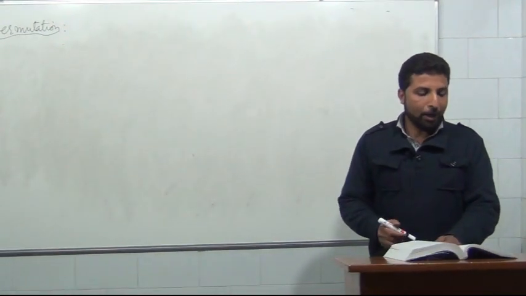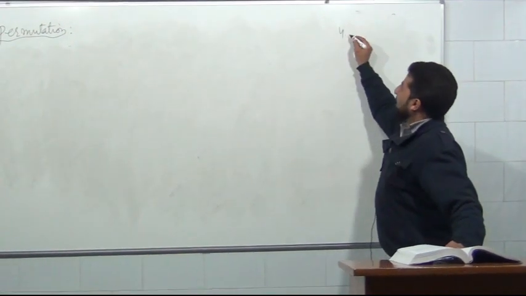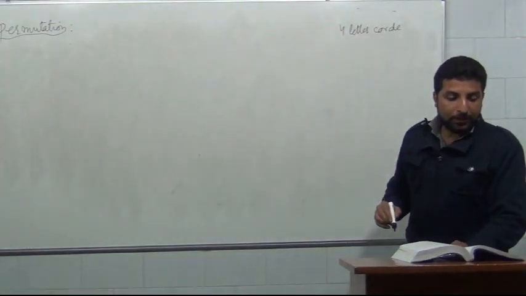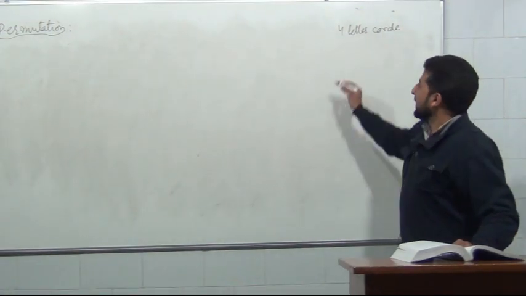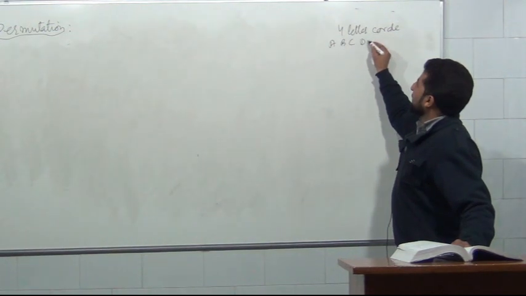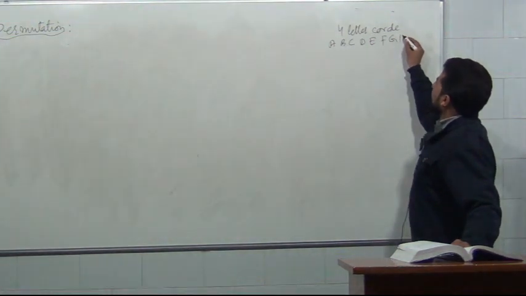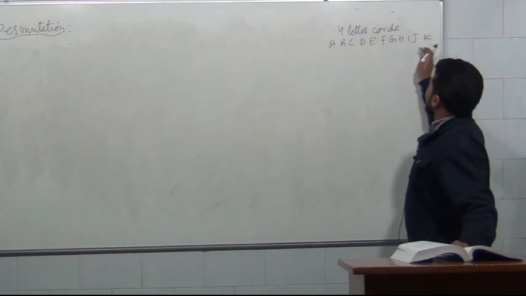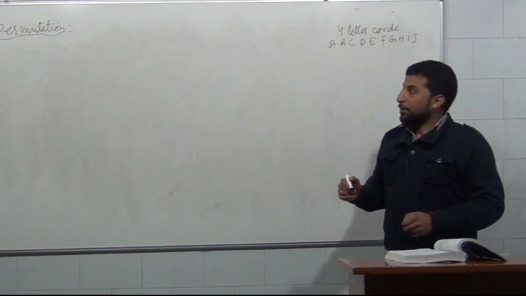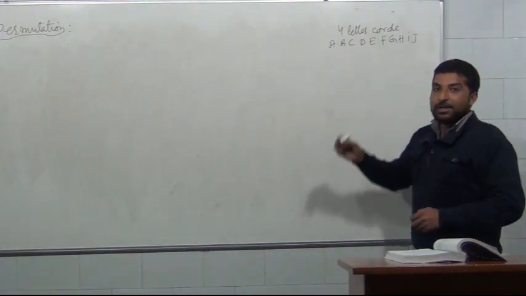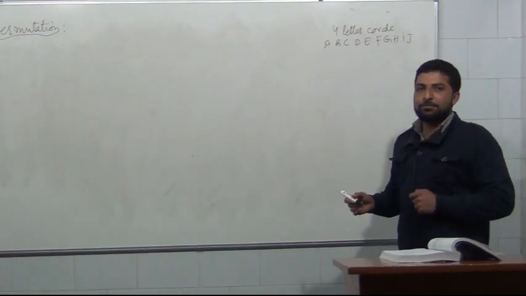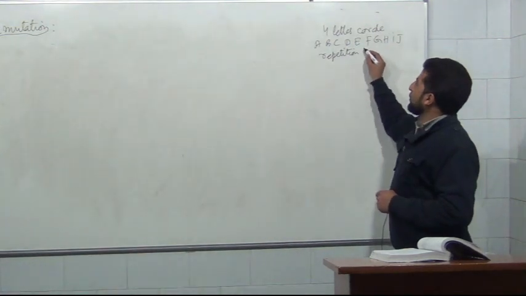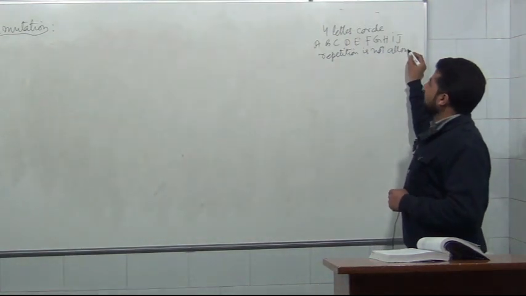You have a 4-letter code using the first 10 letters of the English alphabet, that is A, B, C, D, E, F, G, H, I, J and K. Sorry, it is up to J. Using A, B, C up to J, how many 4-letter codes can you make, but repetition is not allowed.